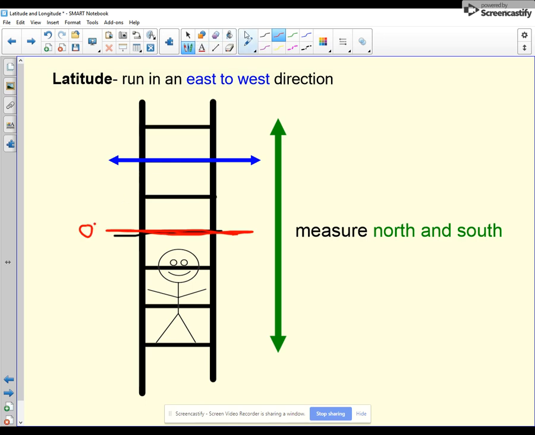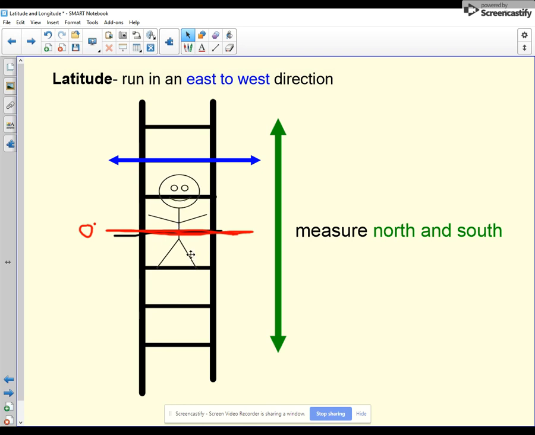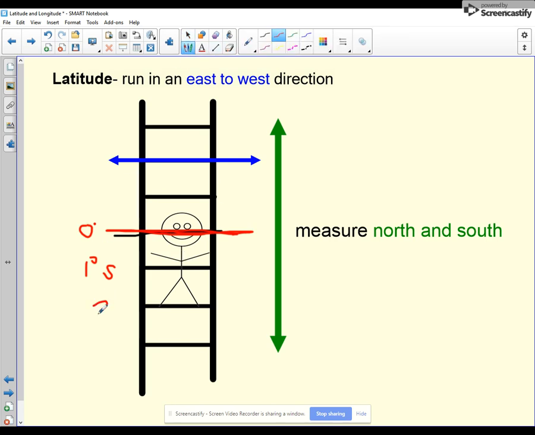If my little dude, where he's standing right here on this line, is a degree below the line of the equator, he's going to be at 1 degree south. If I move him down another degree, he's going to be at 2 degrees south.